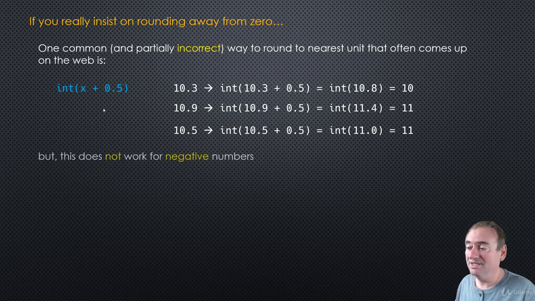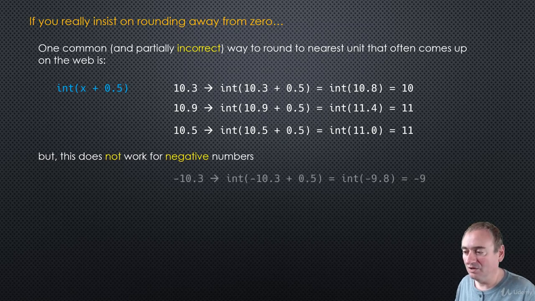The other thing is that it doesn't work for negative numbers, and very often people forget about negative numbers. If you're dealing with values that you know are always going to be positive, then this might work for you. And if you're trying to find a quick way of rounding away from 0 for positive numbers and you're rounding to integers, by all means, this works fine. This is great. However, if numbers could be negative, you'll run into a problem. That's not going to work.